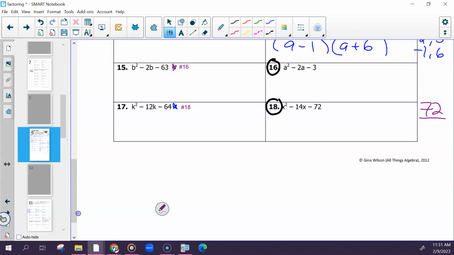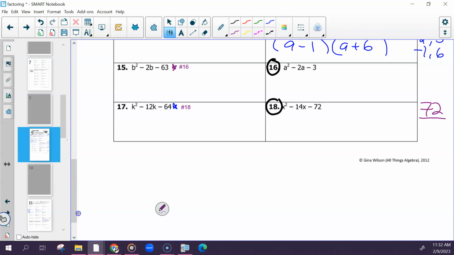I think they have those two factors. Something 4 and 18. 4 and 18. Which one would be negative? 3 and 24. So I'm not going to write them all.